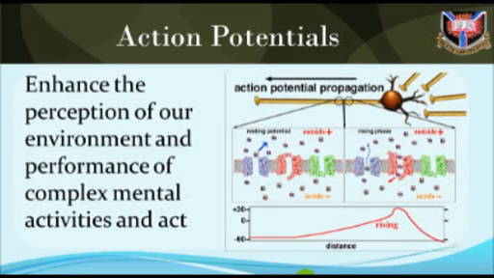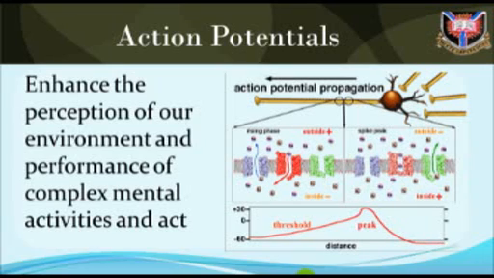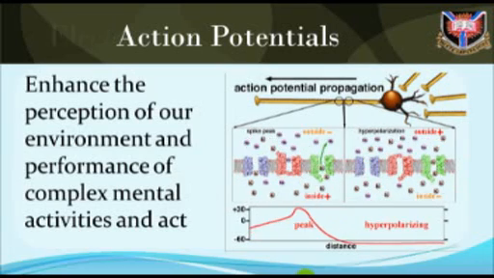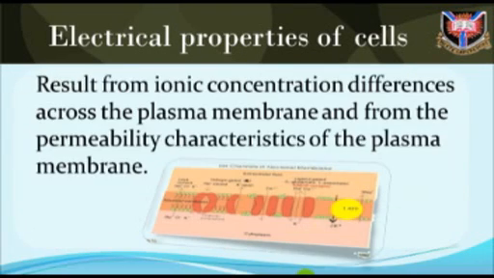You will now be exposed to a basic knowledge of the electrical properties of cells, which is necessary for understanding many of the normal functions and pathologies of the body. These electrical properties result from ionic concentration differences across the plasma membrane and from the permeability characteristics of the plasma membrane.